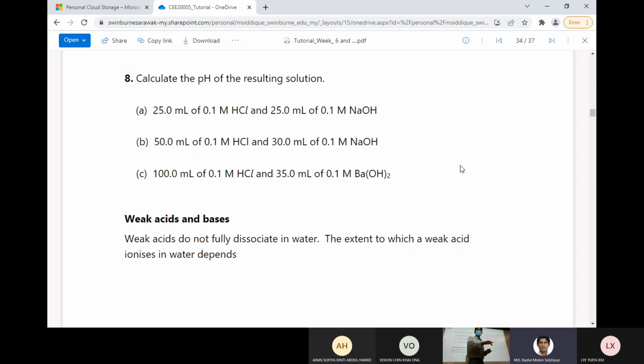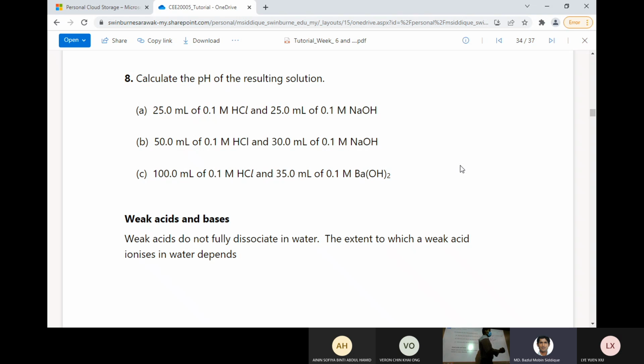We must convert it to liter first, dividing by 1000. So Ezra was telling, how much? 2.5 times 10 negative third, right? So this is the number of moles.